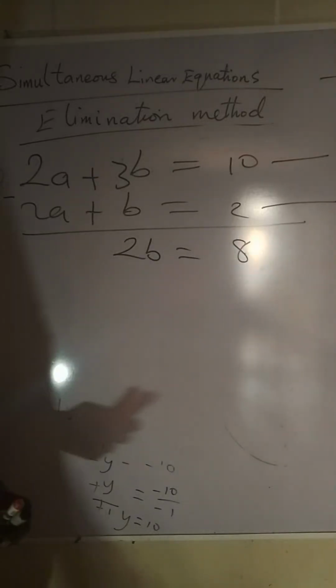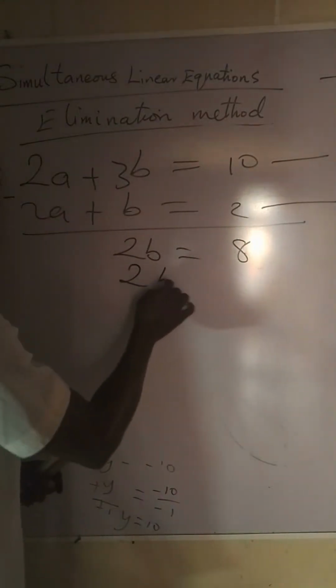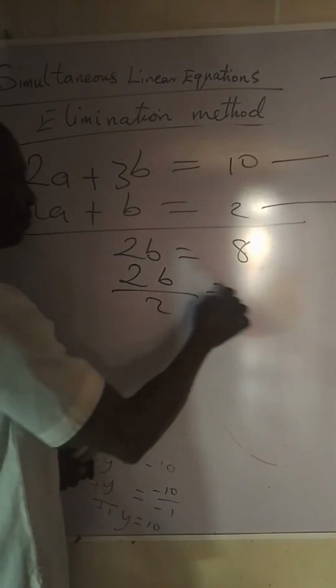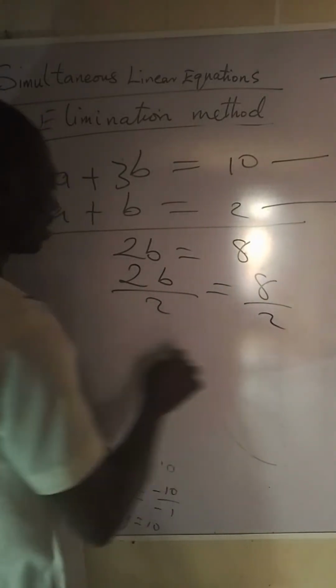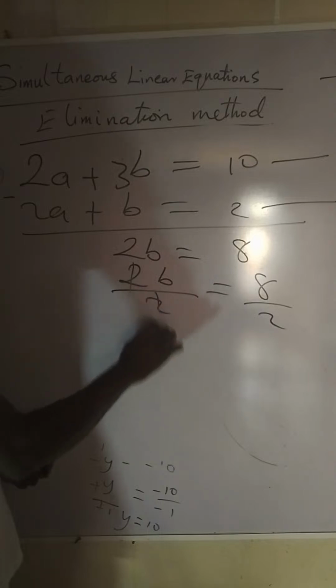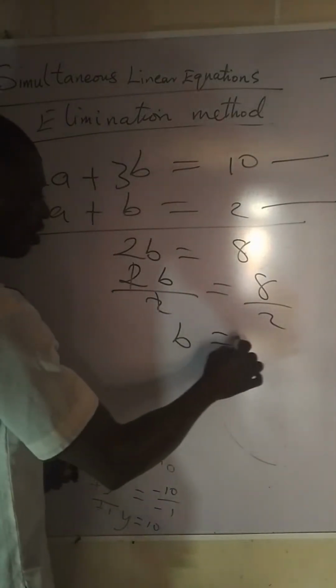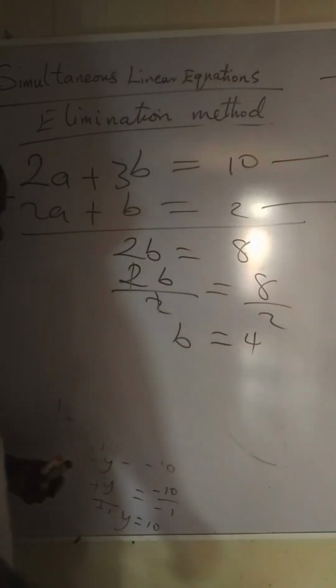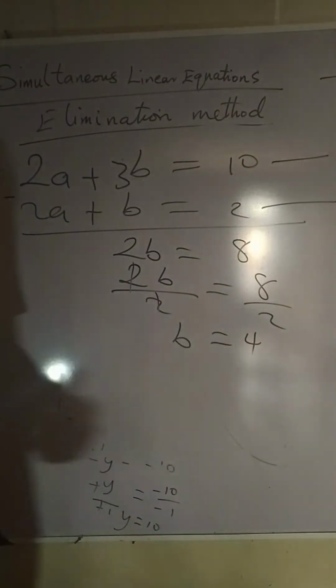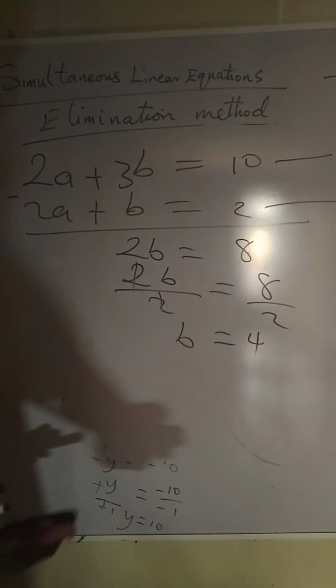Divide both sides by the coefficient of B, which will give us 2b over 2 being equal to 8 over 2. And that will lead to cancellation of 2 for us to have B on the left hand side being equal to 4. So in this case, B is equal to 4.